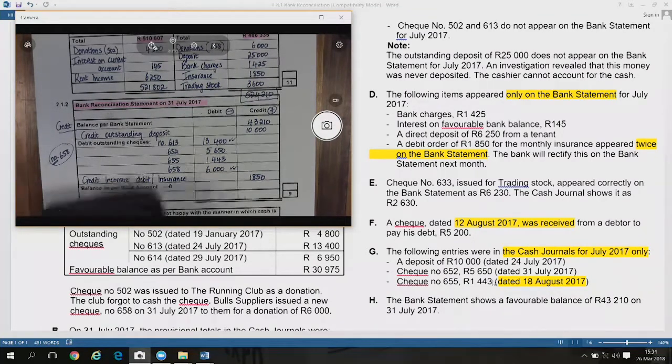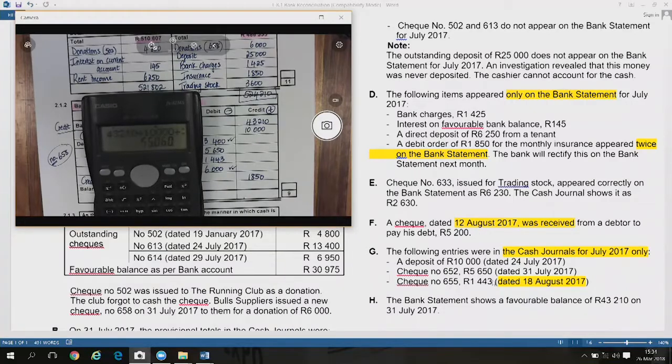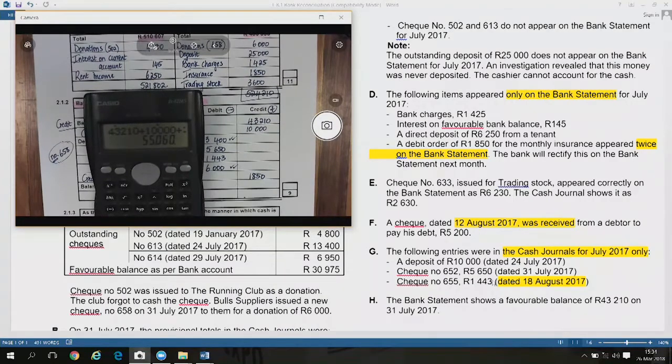So what you do now, you add the biggest side, that is the credit side, 43210, plus the 10,000 plus the 1850, that gives us 55060.